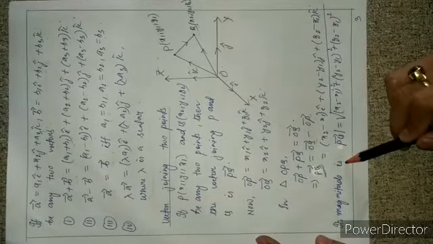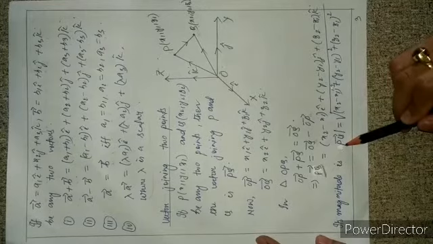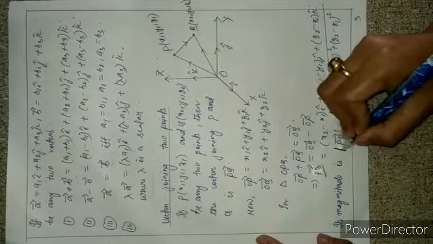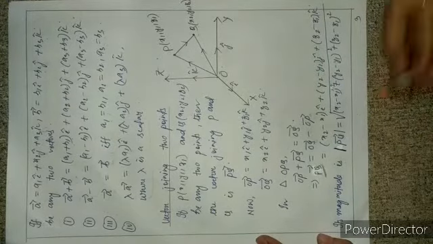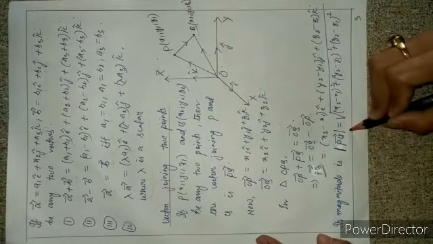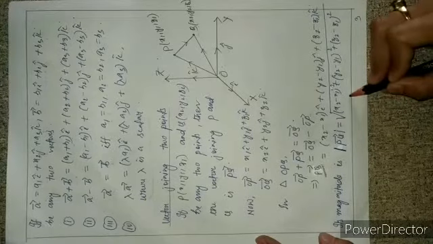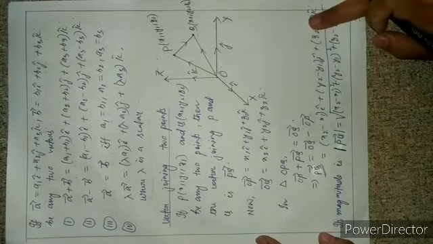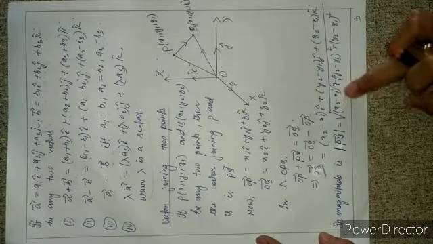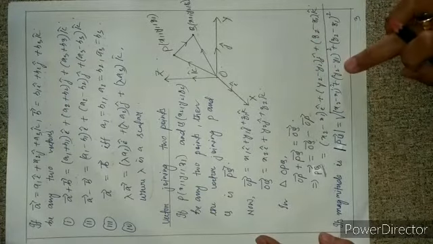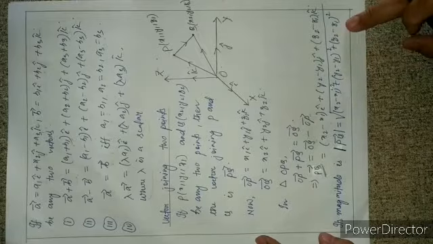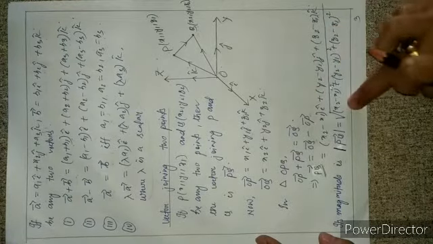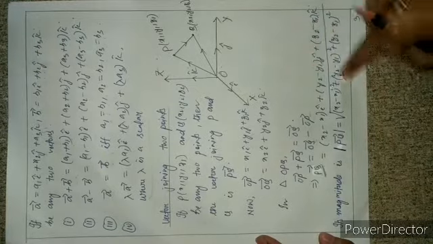Then the magnitude of the PQ vector, denoted by PQ vector enclosed within the modulus sign, is equal to the root over x component square, y component square, and z component square. The x component is x2 minus x1 whole square, the y component is y2 minus y1 whole square, and the z component is z2 minus z1 whole square. Take the square of the x, y and z components, add them, and then take the square root.